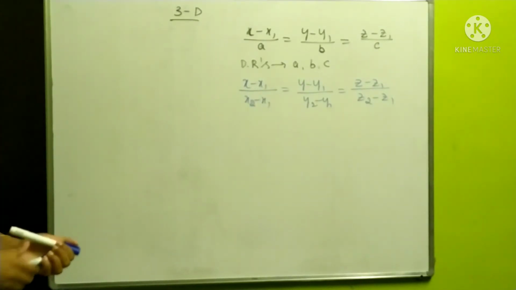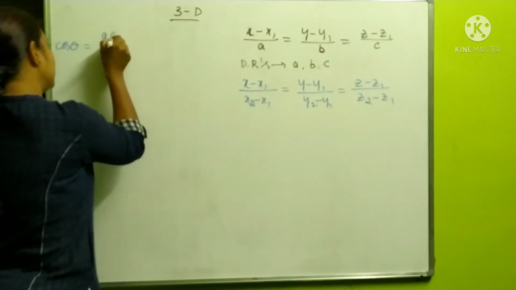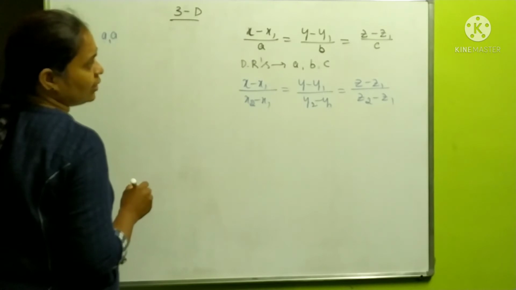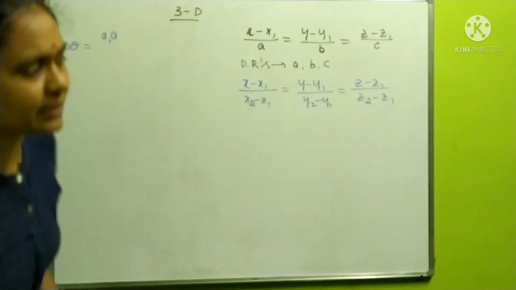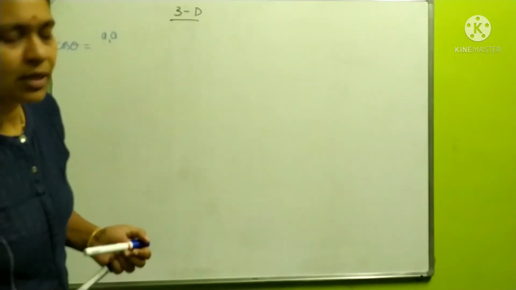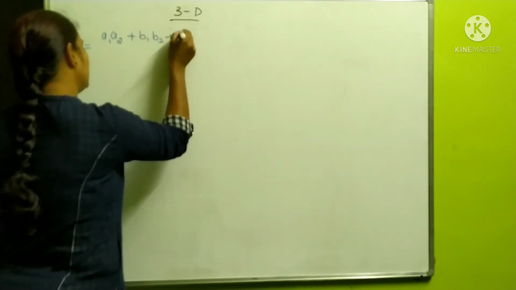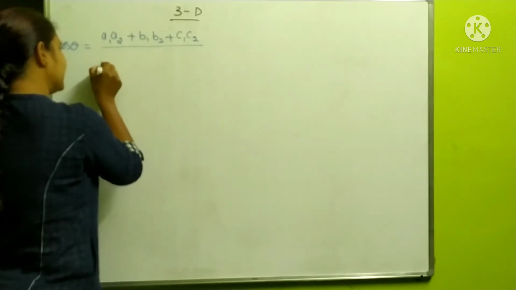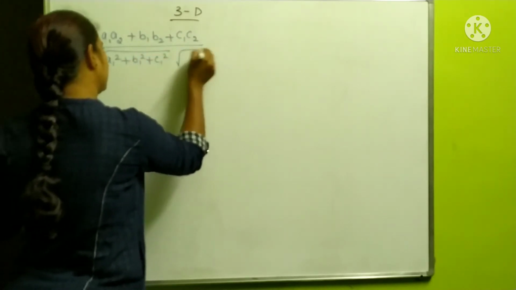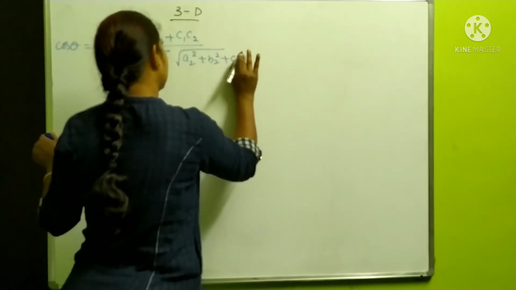So angle between two lines is given by cos theta is equal to A1 A2 plus B1 B2 plus C1 C2 divided by root over A1 square plus B1 square plus C1 square root over A2 square plus B2 square plus C2 square.